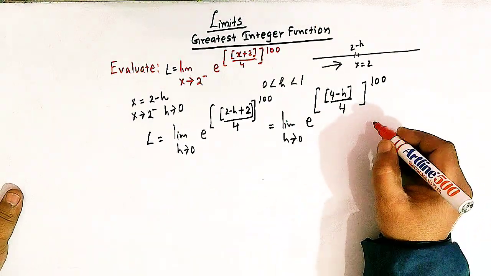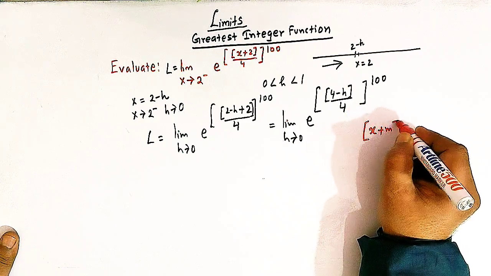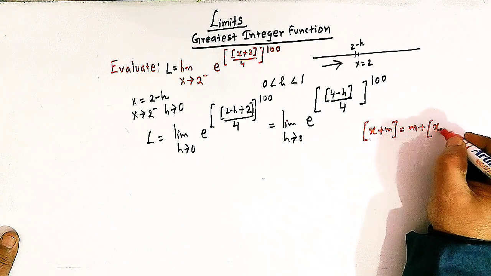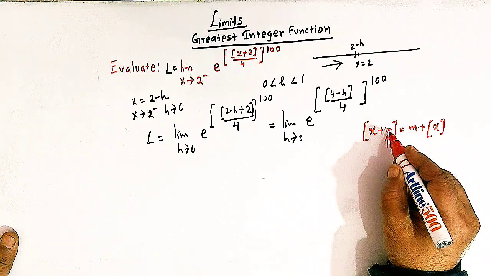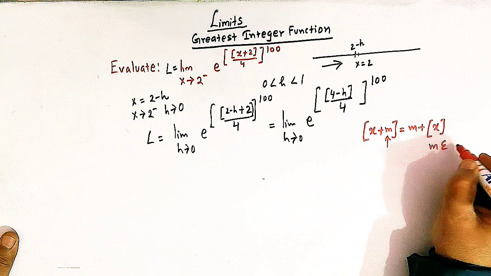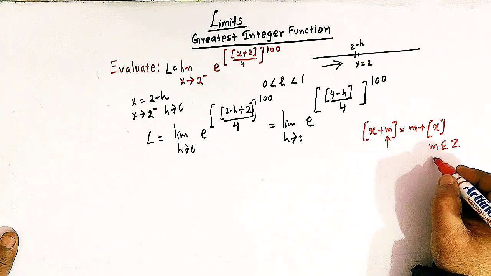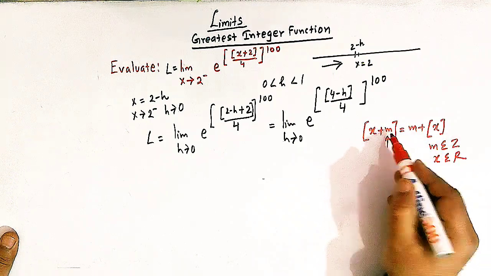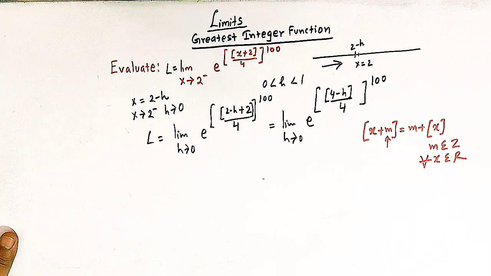The first property is greatest integer of x plus m is equal to m plus greatest integer of x, where m belongs to the set of integers and x is a real number, for all x belonging to the set of real numbers.